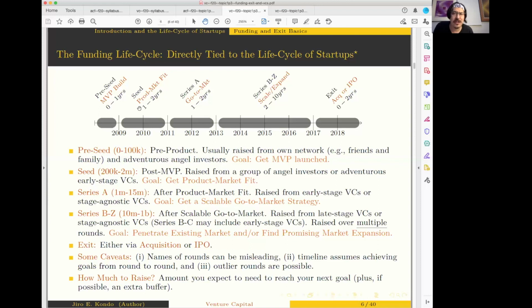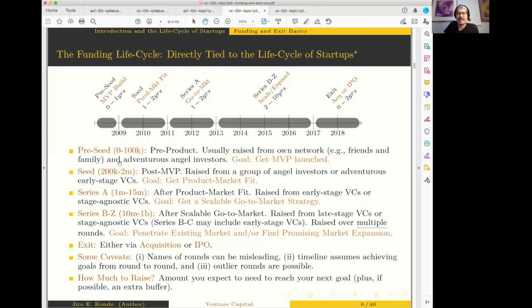By the way, I'll mention another thing. A typical pre-seed is going to be between 0 and 100K, is typically what you see. As I said, it's pre-product, and most of the time it's friends and family money. It's not professional investor money, with the only caveat being that there are some adventurous angel investors that'll go pre-seed.